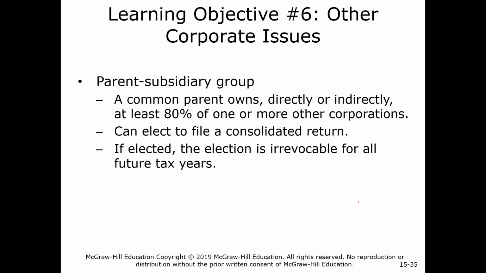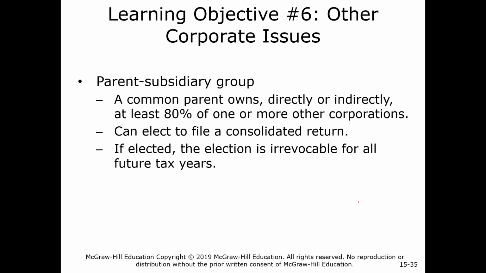Okay, once again, this is just FYI. For financial purposes, if a corporation owns 50% of another corporation, they are required to consolidate. For tax purposes, that threshold is 80%.